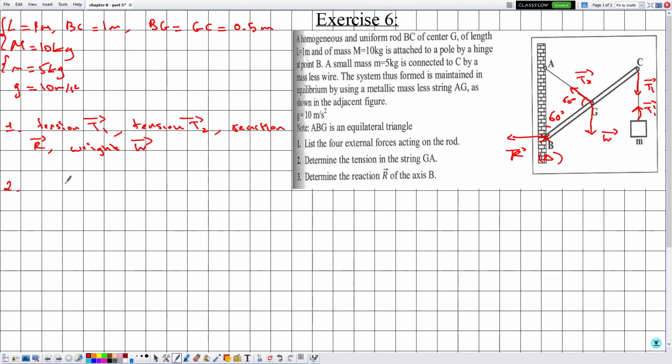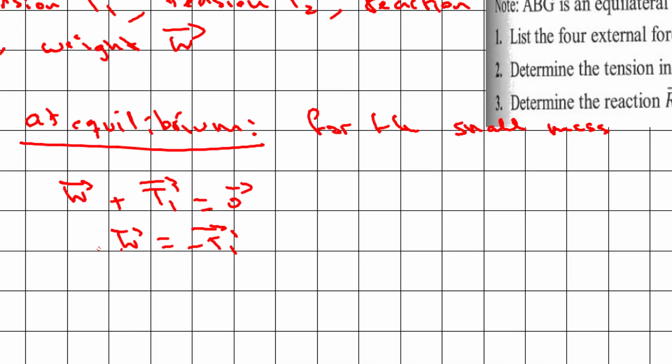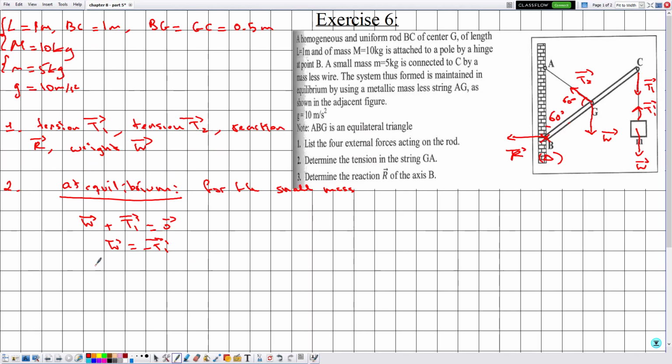So first, let me say at equilibrium, and here I'm talking about translational equilibrium for the small mass. The only two forces acting on the small mass are the weight plus T1 prime, which is equal to 0, which means that W is equal to minus T1 prime. This is a vectorial equation consisting of only two vectors, no need to project.